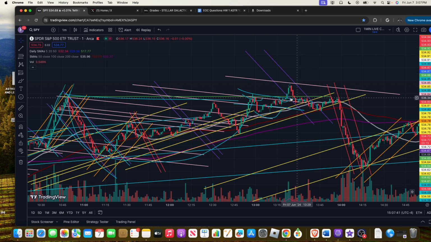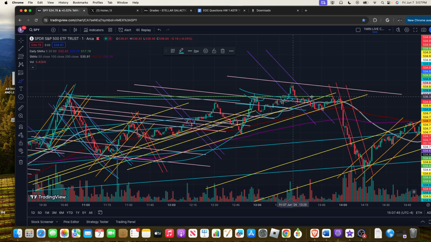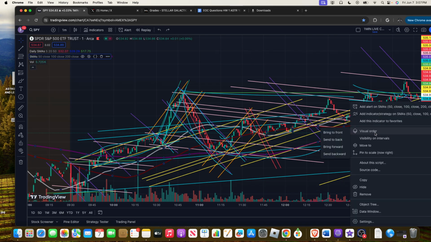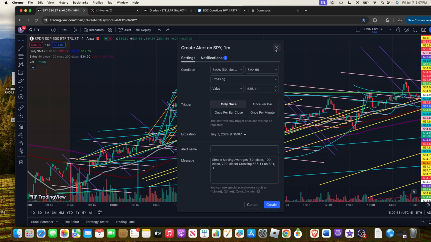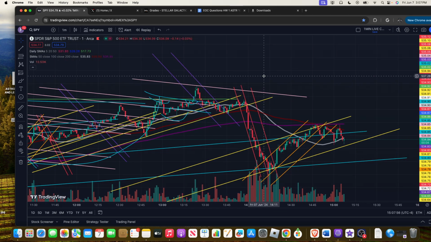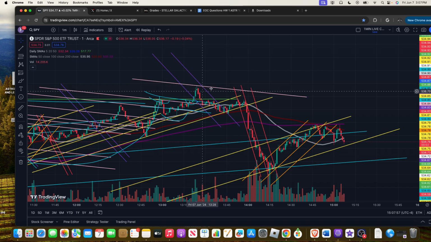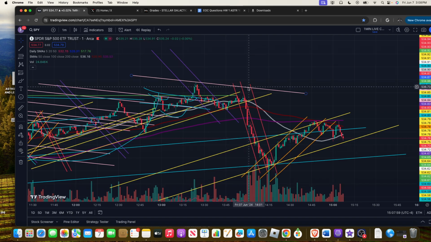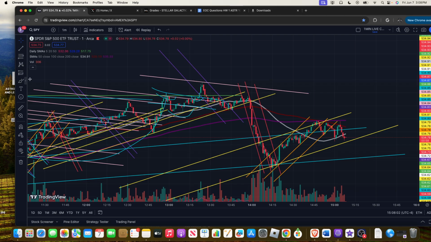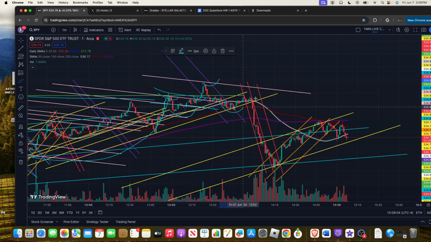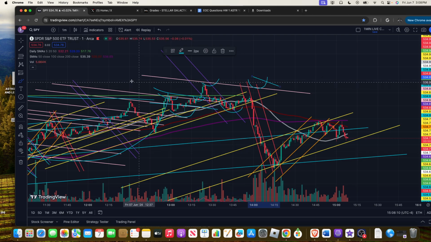Whenever you have this, it is a valid structure, but then you see how we broke down below green, and then we started rejecting green. So that was the bearish sign. There's some heavy resistance up here, so you just have to wait. If the market needed to build liquidity and we were headed back up, we would have had an inverse head and shoulders or a cup and then a handle right here.